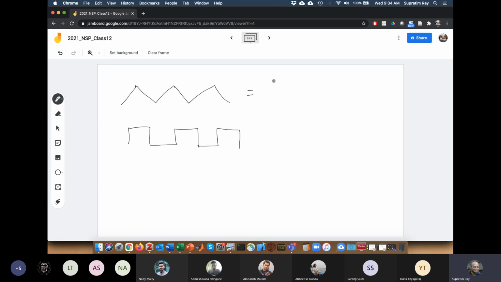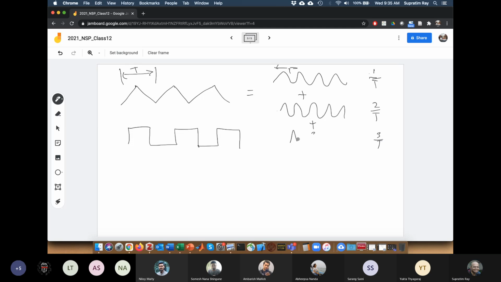And I'm saying I can always find a bunch of sinusoids whose frequencies are multiples: if this is the period T, then this is also T plus twice of that, 2T. 1 by T is the frequency, then this is 2 by T, 3 by T. If you add a phase and an amplitude, then it's just a scaled and shifted sinusoid.